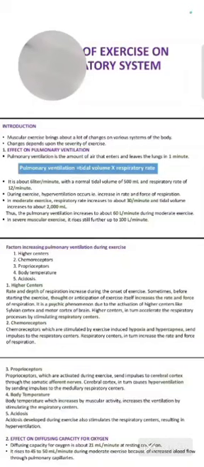So the first effect is effects on pulmonary ventilation. Pulmonary ventilation is nothing but how much amount of air is taken in and out in 1 minute. So the definition for pulmonary ventilation is the amount of air that enters and leaves the lungs in 1 minute, and it is a product of tidal volume and respiratory rate.